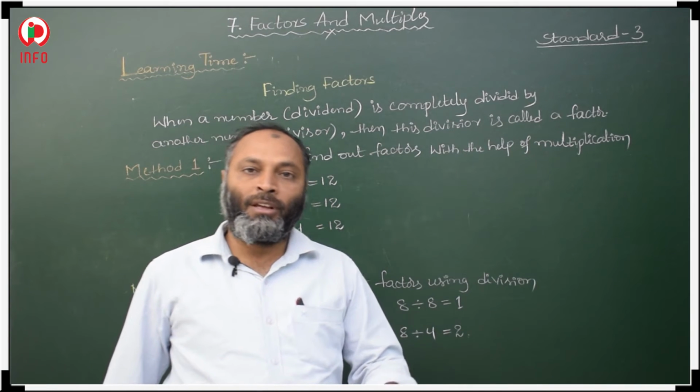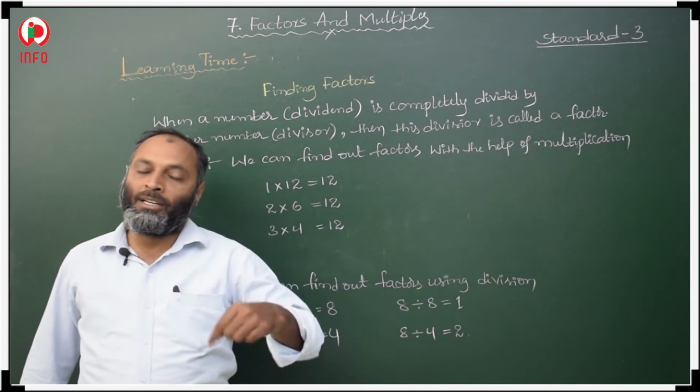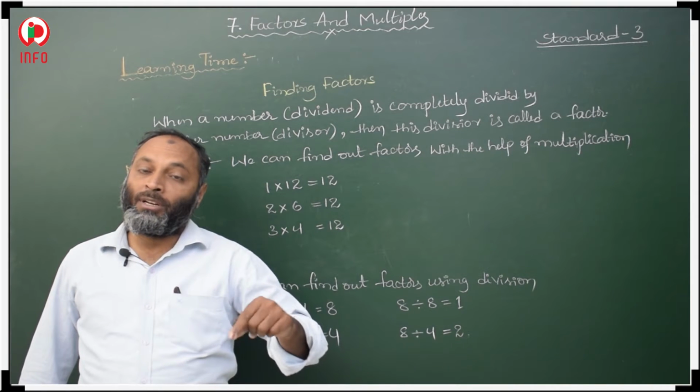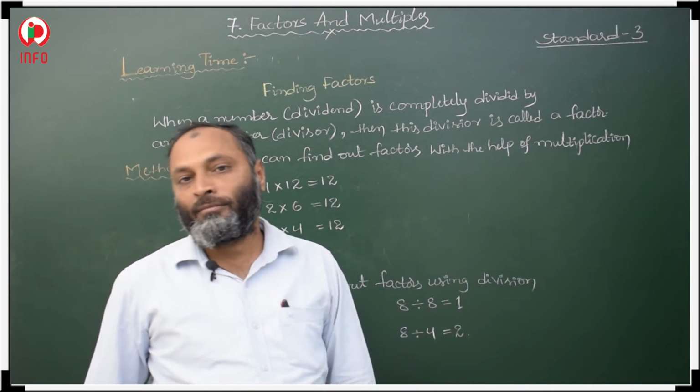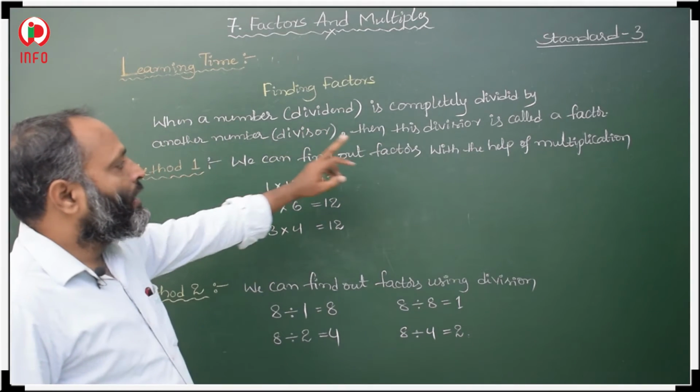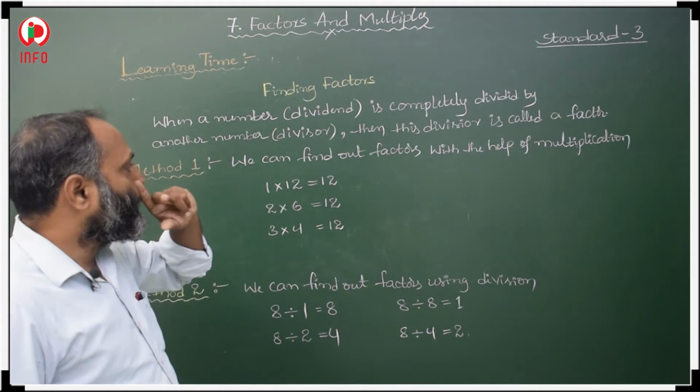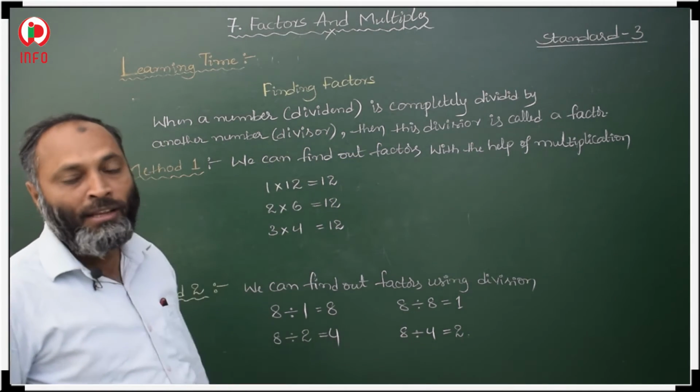Whatever number we are going to divide is the dividend, and the number which divides the particular number is the divisor. Then this divisor is a factor.